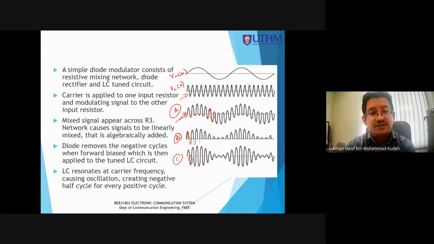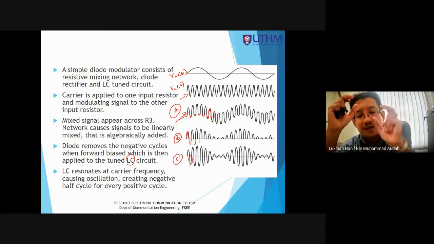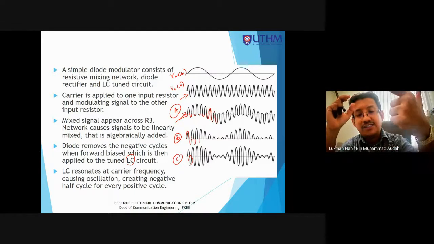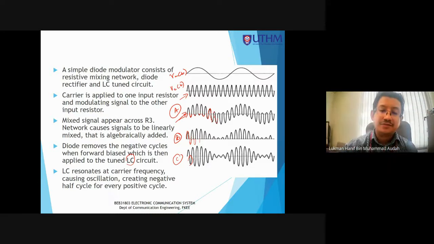The LC tank circuit is designed to oscillate at the carrier frequency, of course, because this wave is at the carrier frequency. It oscillates at the carrier frequency and discharges during reverse bias. So that's why you produce a complete half cycle by the LC tank circuit.